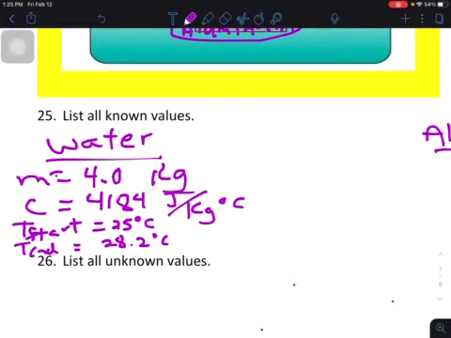So we can find the temperature difference, because that's what we're going to need. We take 28.2, subtract 25, and we get 3.2 degrees Celsius. This is what we call our delta T. That's an important number.